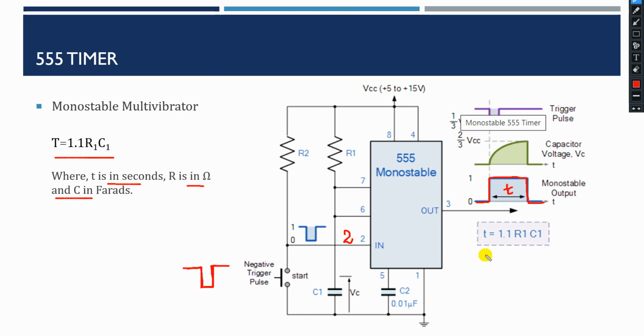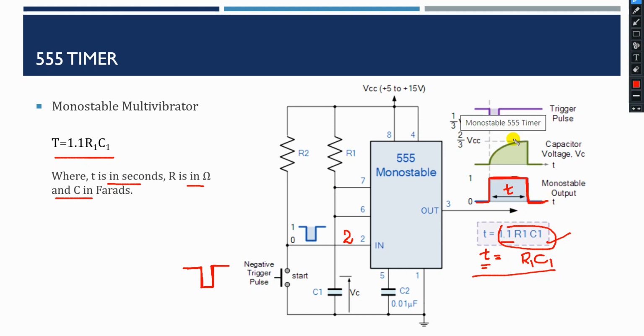That duration is calculated by this particular formula: R1 into C1 into 1.1. By these calculations, you will get t, the time duration. So according to your R1 and C1, your output remains high. After t, the time duration, it goes to low.